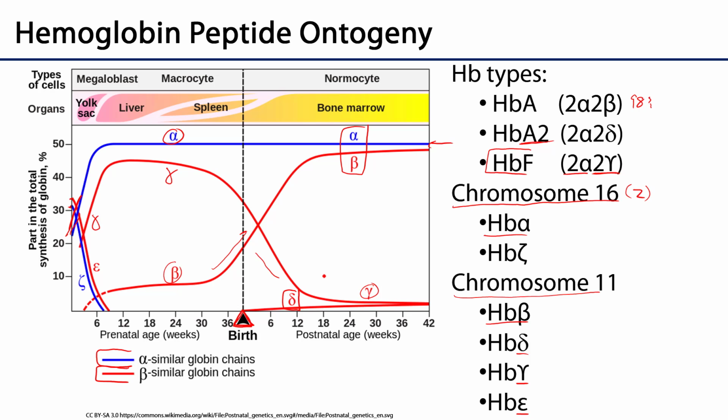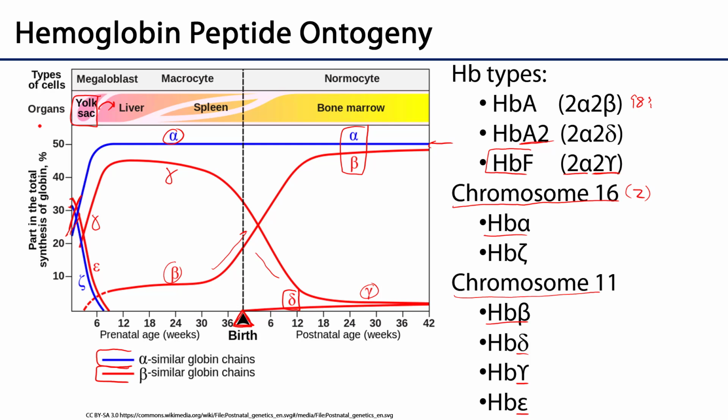Now, what's interesting is above this graph, we can see some of the hematopoietic organs involved here. So early on, prior to 6 weeks of age, a lot of hemopoiesis is occurring in the yolk sac. And then that is quickly taken over by the liver.